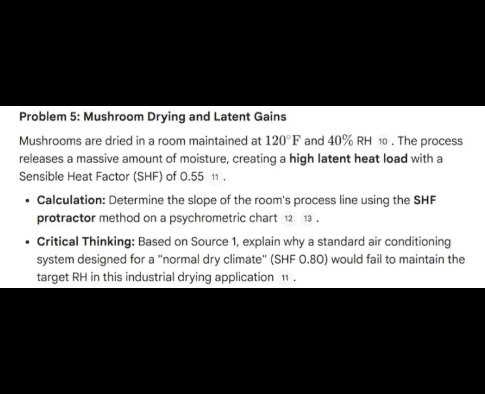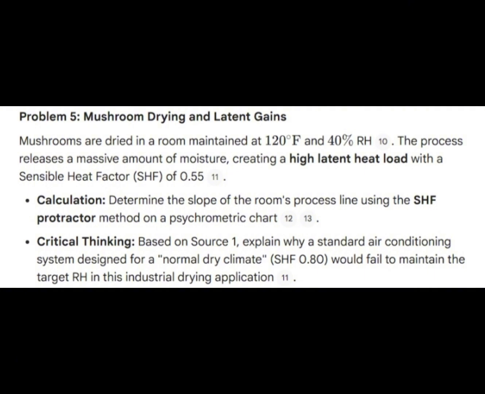So the last problem is mushroom drying and latent gain. Mushrooms are dried in a room maintained at 120 degrees Fahrenheit and 40% relative humidity.